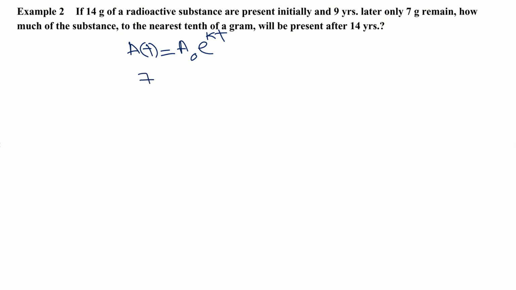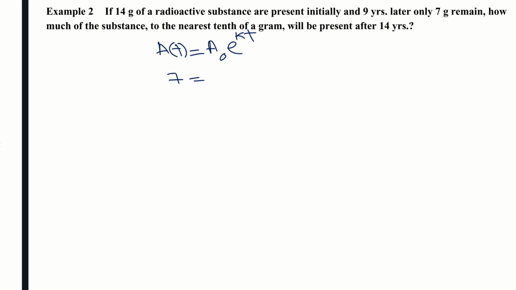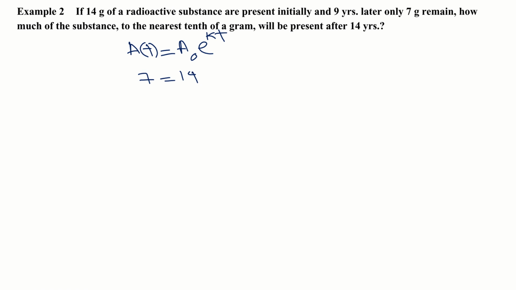So 7. I know the initial amount A0 was 14, and e to the, we know this happened in 9 years, right? So t equals 9.